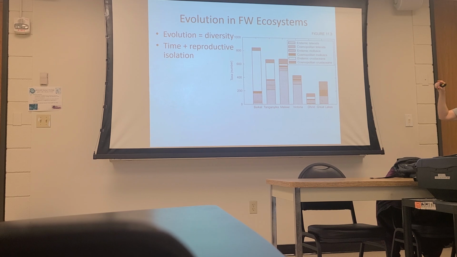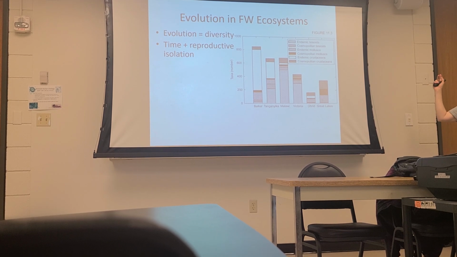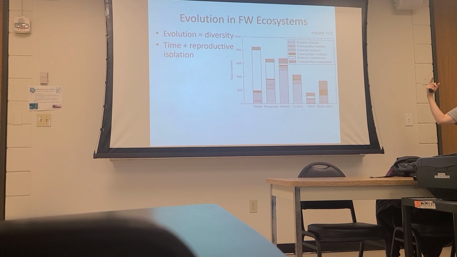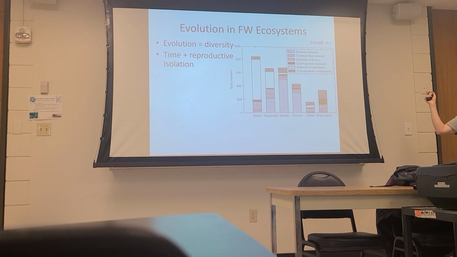And so the fact that they're reproductively isolated means that any differences that they happen to get from mutations that just happen, and if those mutations stick around, they'll just keep adding up until you've got two different species.